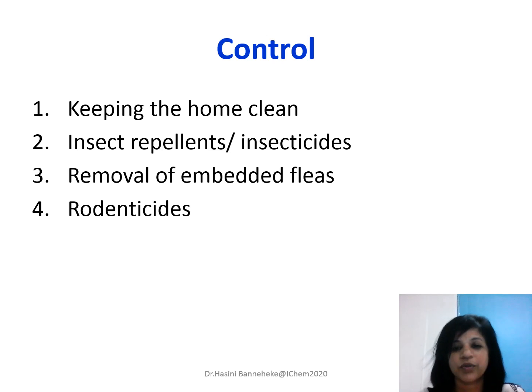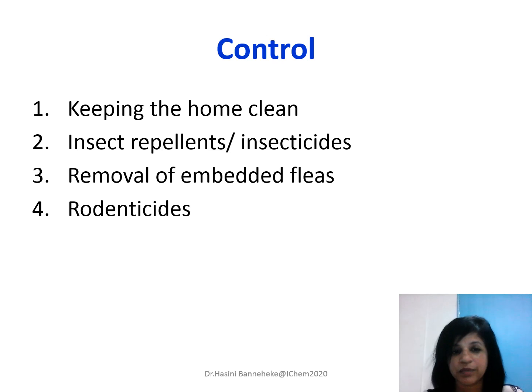So how do we control fleas? That is by keeping the home clean, and then we can use insect repellents and insecticides on animals like pets. There are certain species of fleas which can burrow under our skin, and those fleas can be removed by a minor surgery.